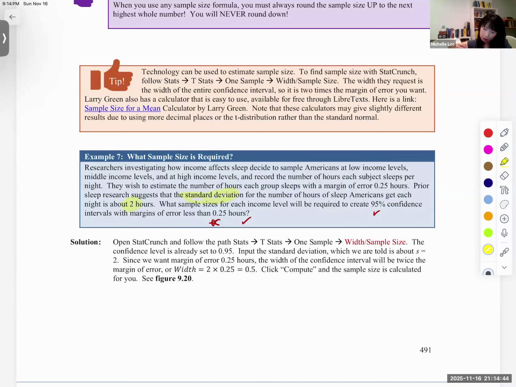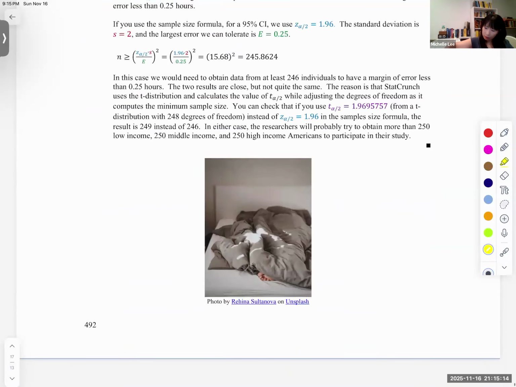We have a standard deviation of 2, a 95% confidence level, and the margin of error is 0.25. 0.25 times 2 is 0.5. We are using that, double. Here we go. All right, so let's do that. Then we are done.